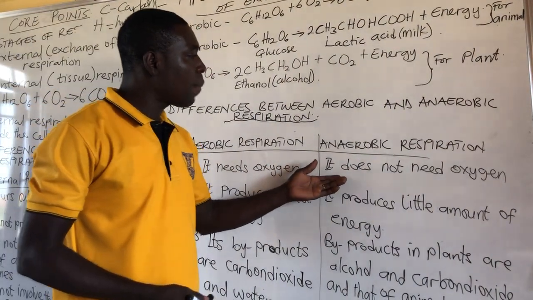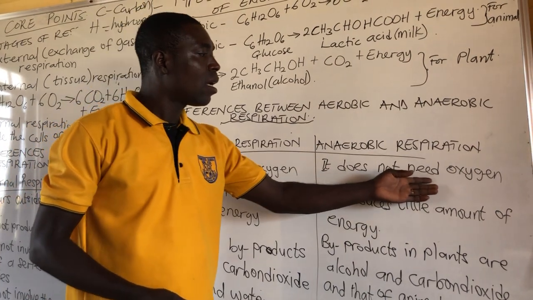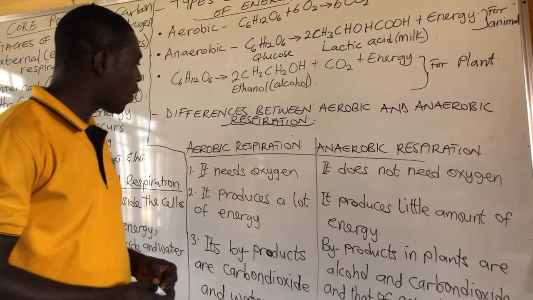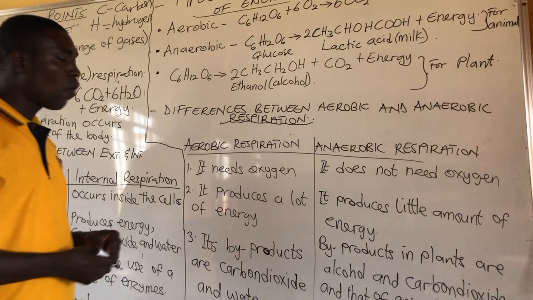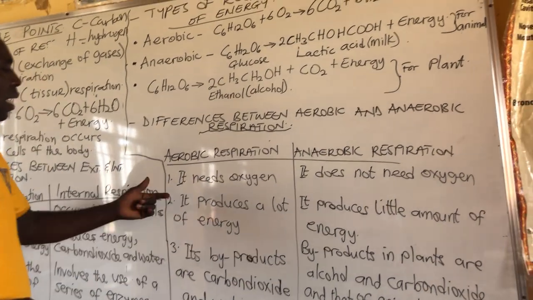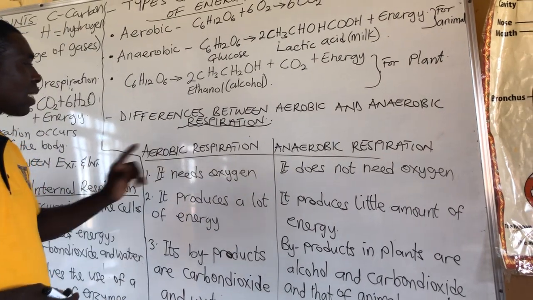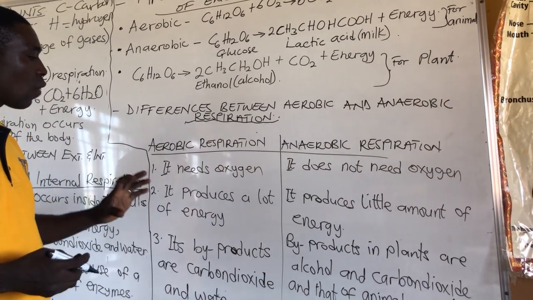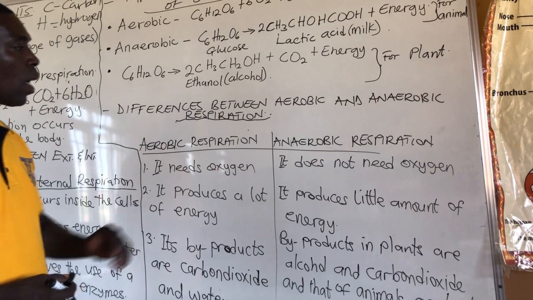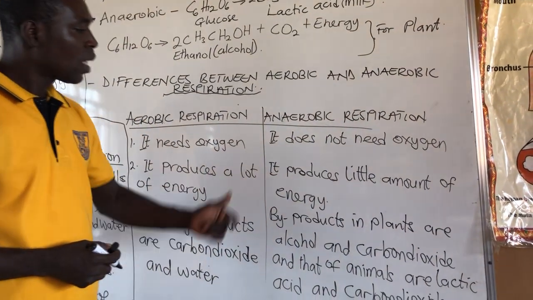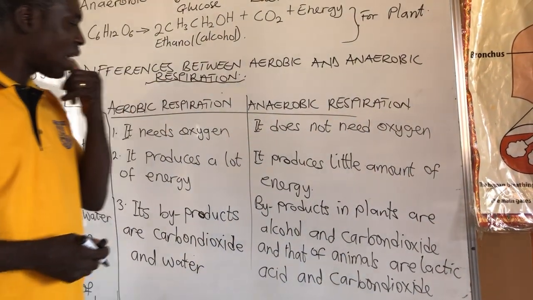But anaerobic respiration does not need oxygen. That's the first difference between aerobic and anaerobic. Now the second difference is that aerobic respiration produces a lot of energy. But anaerobic respiration produces a little amount of energy.